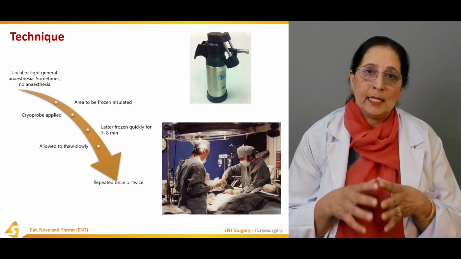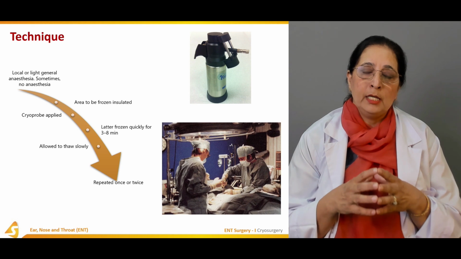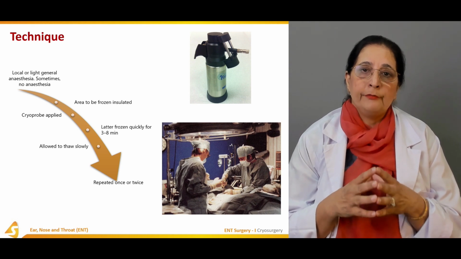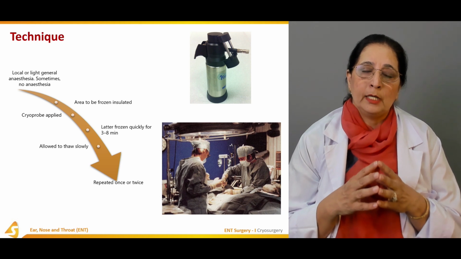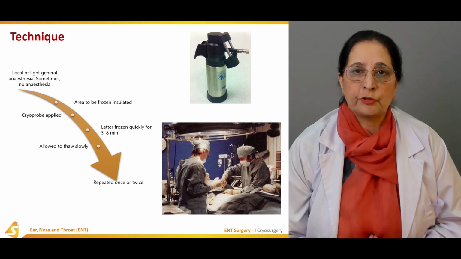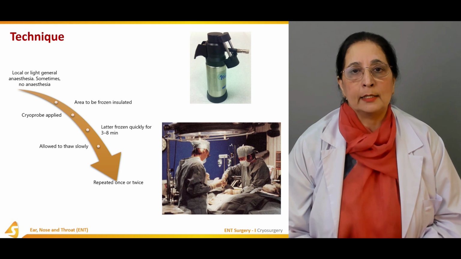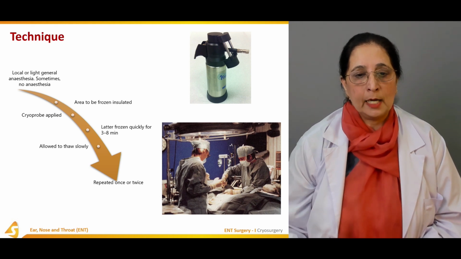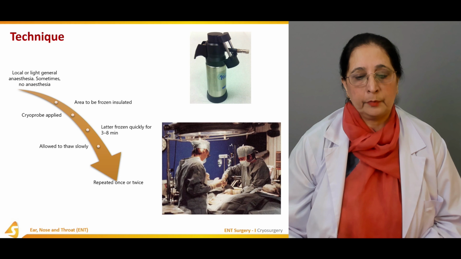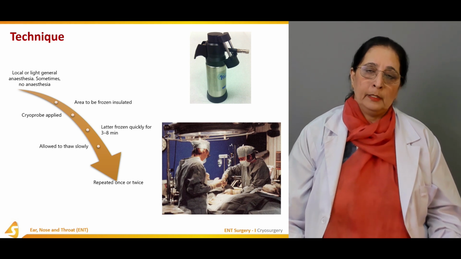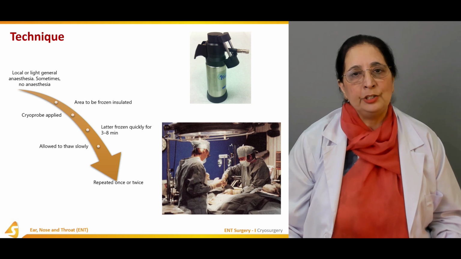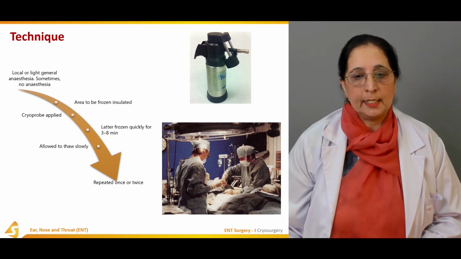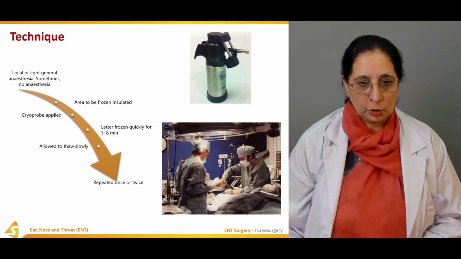This shows how very cold temperatures can cause damage to the body, because they cause destruction and death of the tissue. So that's how the procedure is performed. It is mostly local anesthesia, and if general anesthesia is used, it's very light general anesthesia.